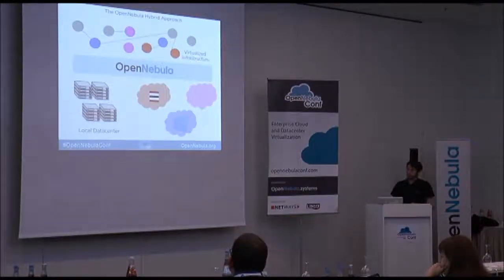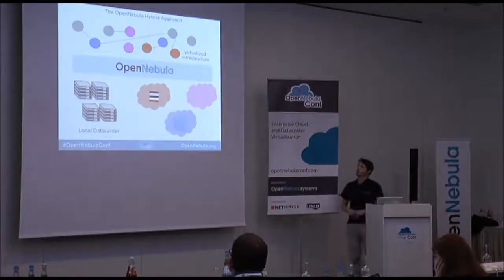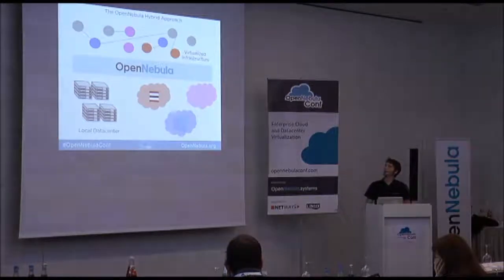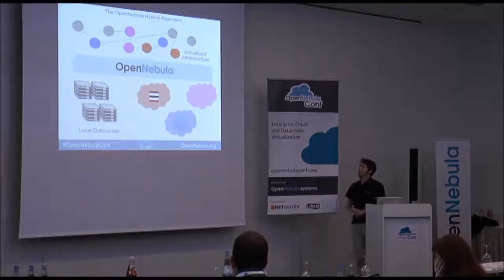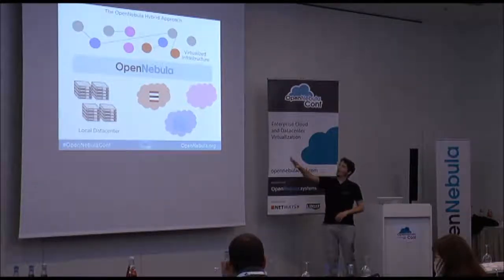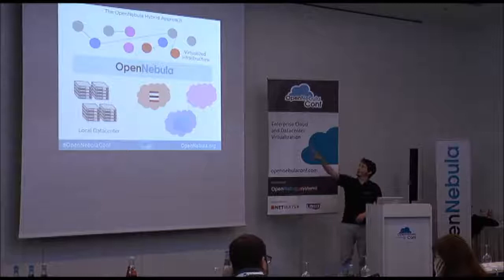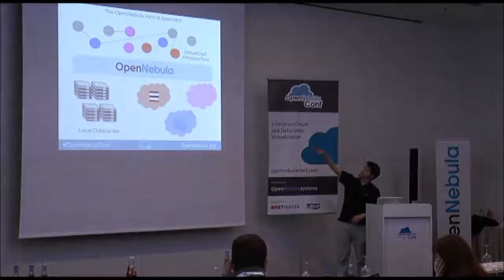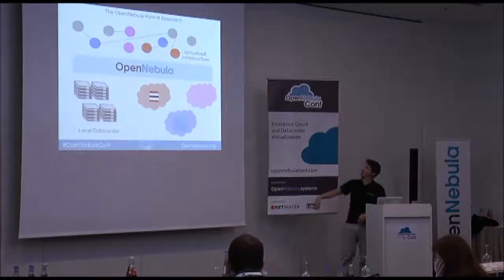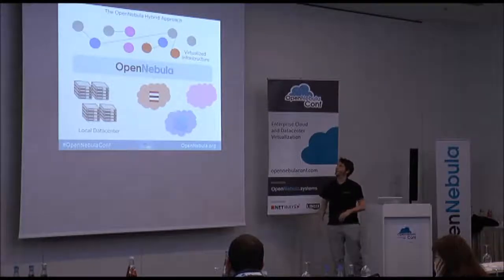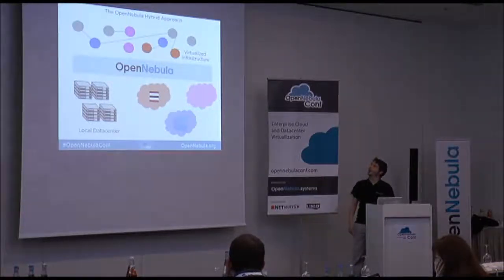So this is more or less a depiction of what OpenNebula does to create a virtualized infrastructure, potentially across different public clouds and also your local data center. You see the local hardware, and you also see logos for Amazon EC2, Microsoft Azure and SoftLayer clouds that OpenNebula knows because you added them as an administrator with the proper drivers.